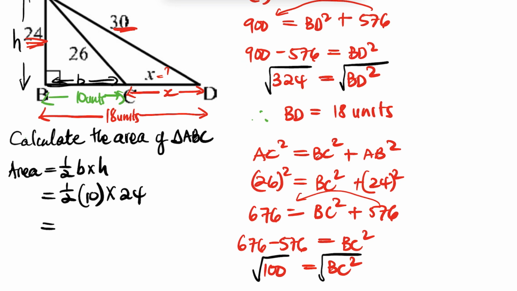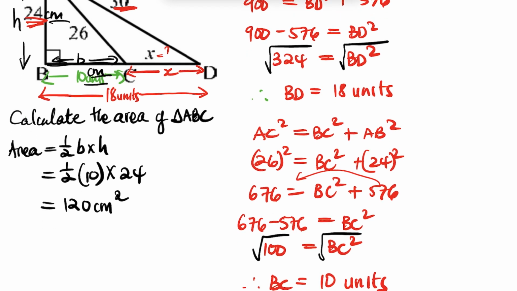It will be 120. 120 what? Let's say we were told this is centimeters, 10 centimeters, this is 24 centimeters, so it was going to be 120 centimeter square. If these were millimeters, it was going to be millimeter square, right?